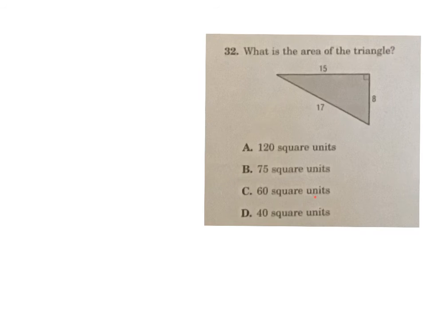Number 32 is an area question of a triangle. Area of a triangle is base times height divided by 2. Okay, so the base times the height. This 17, we don't really need that number, but we do need the 15 times the 8.